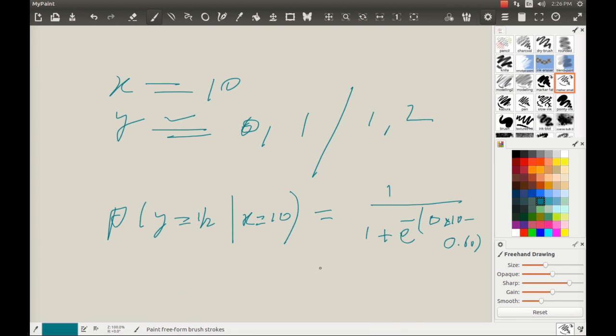So that is going to be 1 divided by 1 plus e to the power of 0.60. Oh, that's really an interesting expression. So the probability is just governed by the constant, but not by the coefficient. In this case the constant is beta naught and the coefficient is beta 1.